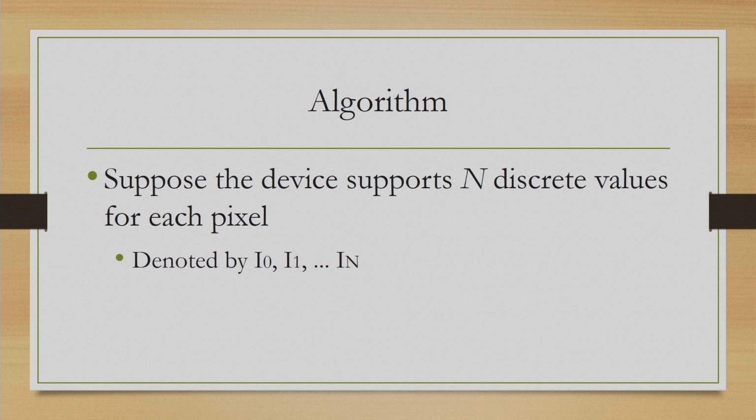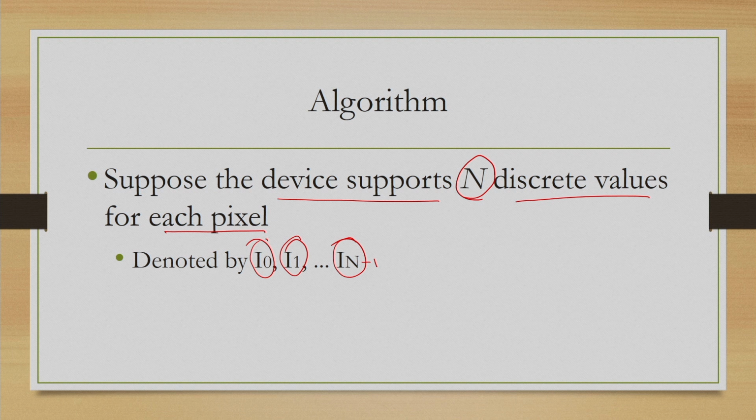Let us assume that the device supports n discrete values for each pixel, and let us denote these values by I0, I1 up to In minus 1.